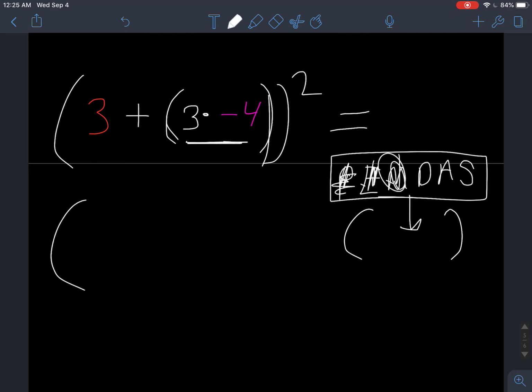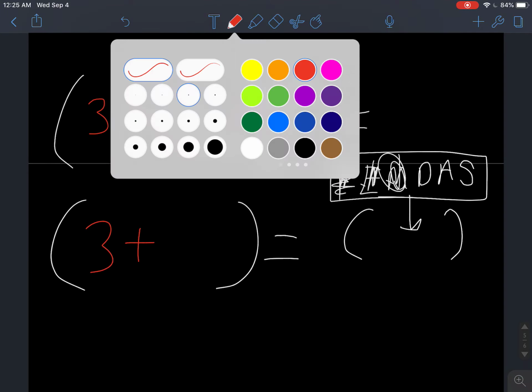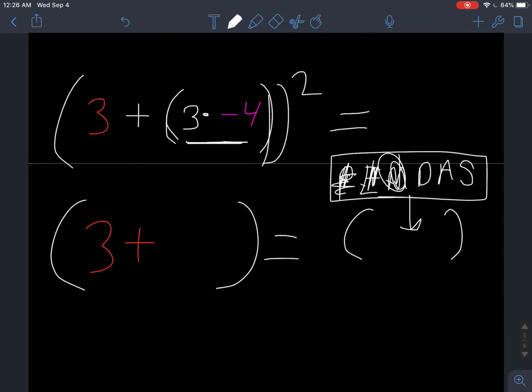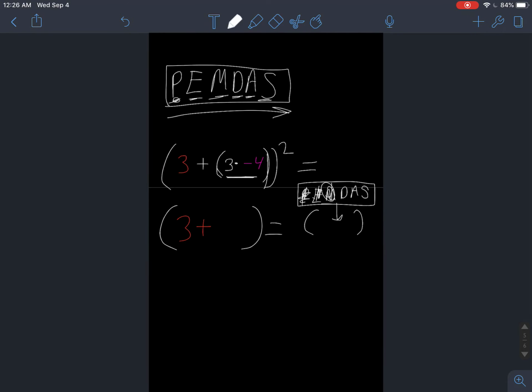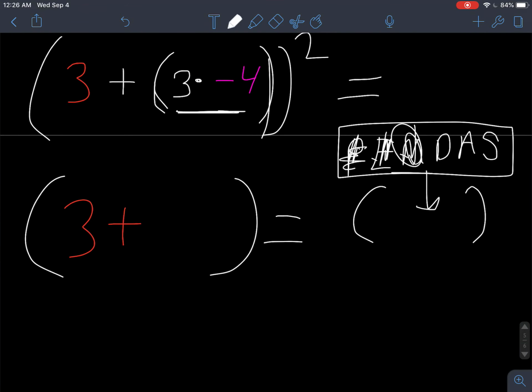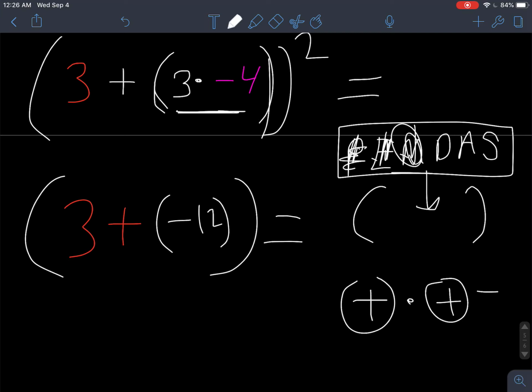So now, we have a 3 here, plus 3 times negative 4 is negative 12. Remember, positive number times positive number, you get a positive number.